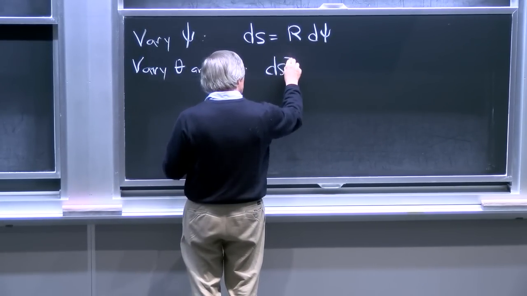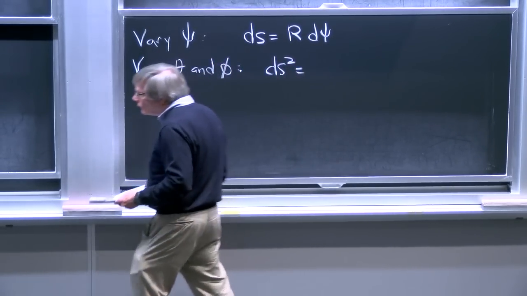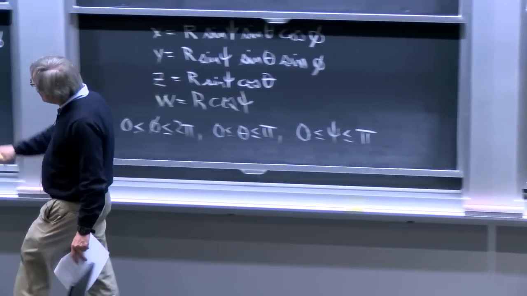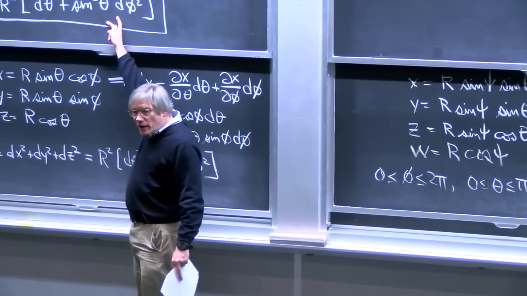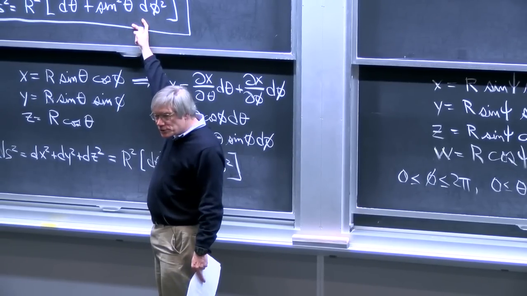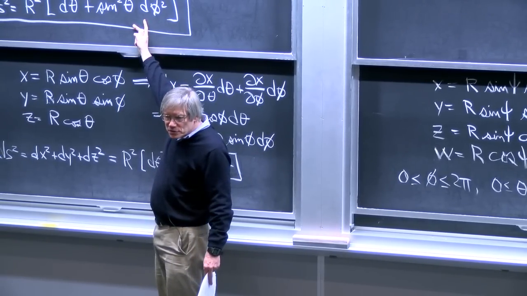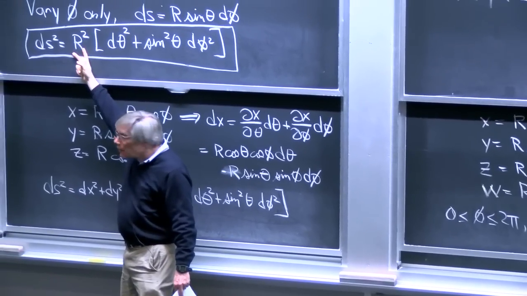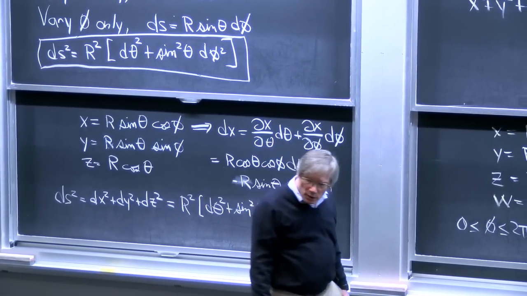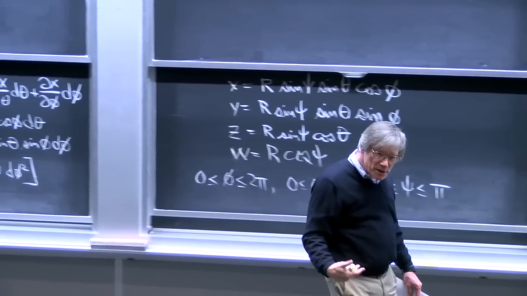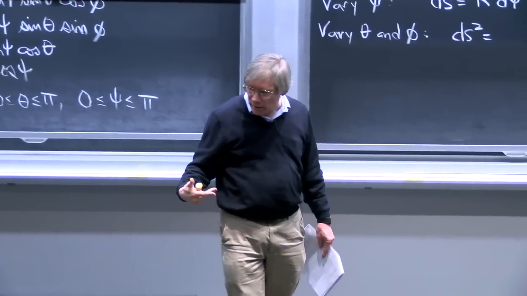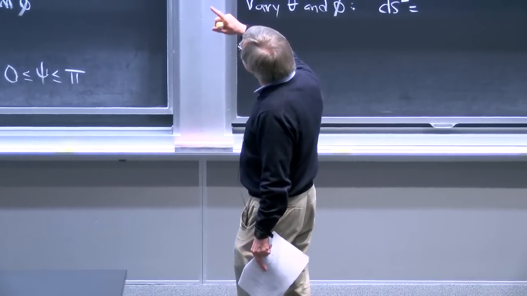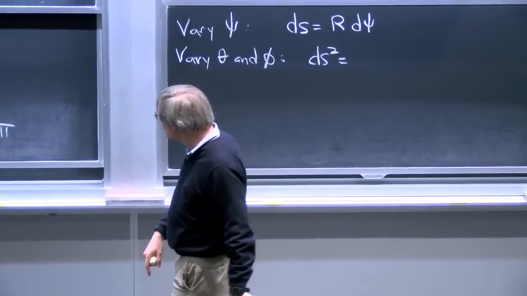Well, then we know that ds squared is really given by this formula. We are just varying theta and phi in a 3-dimensional space. The fourth direction doesn't change in this case. But the radius involved is not what we originally called r, but the radius in the 3-dimensional space is r times sine psi. That's the square root of x squared plus y squared plus z squared.